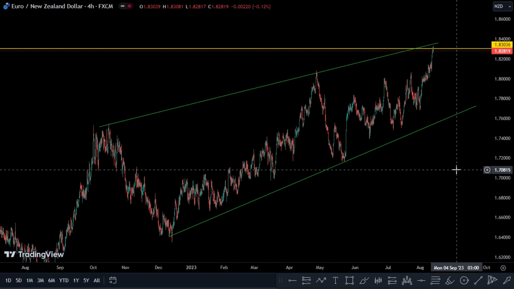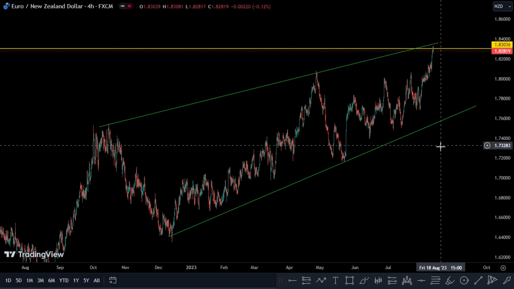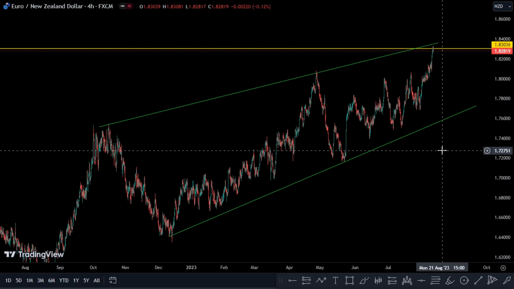To give you a proper example of that, we have different types of traders. We have swing traders, we have hedge funds, we have scalpers. Hedge funds normally use bigger time frames, monthly, weekly, daily, because they take trades that they are going to be holding for a week, a month, even possibly half a year.